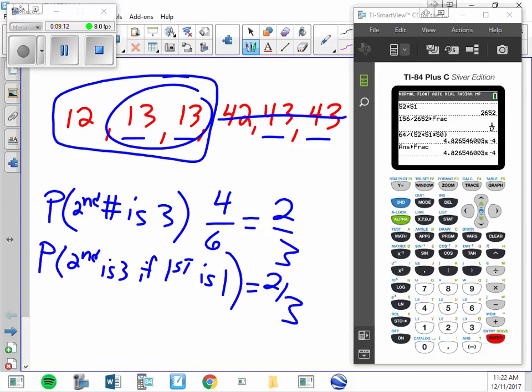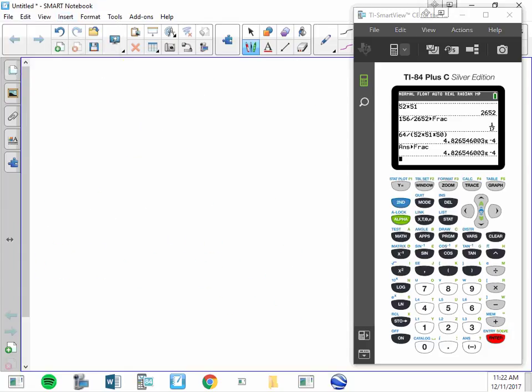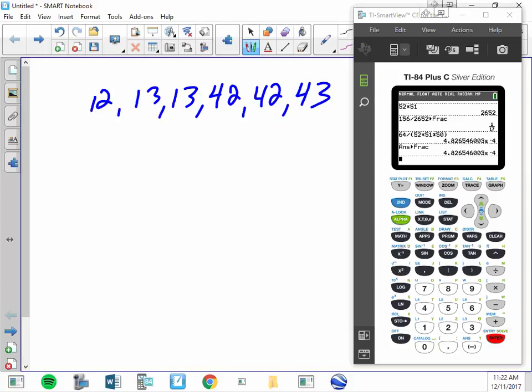But the next box is messed up. So we end up with 12, 13, 13, 42, 42, and 43. So what is the probability that the first number is a 1? 1/2. 3 out of 6, which simplifies to be 1/2.